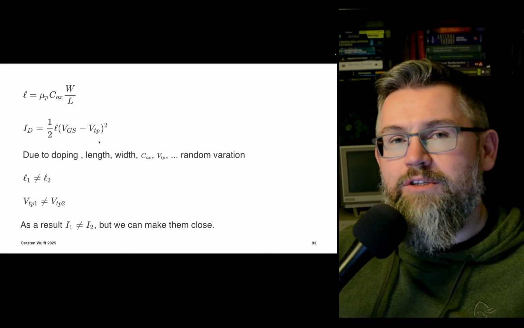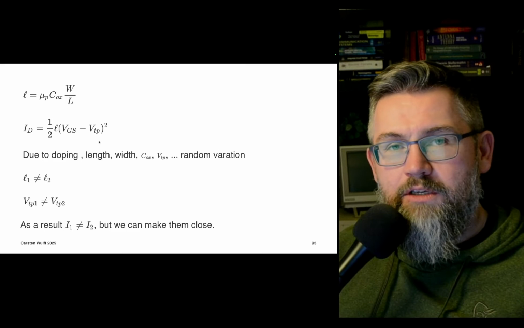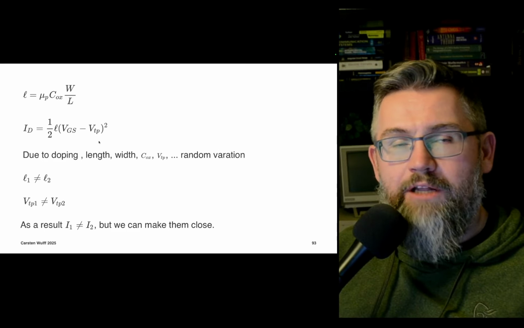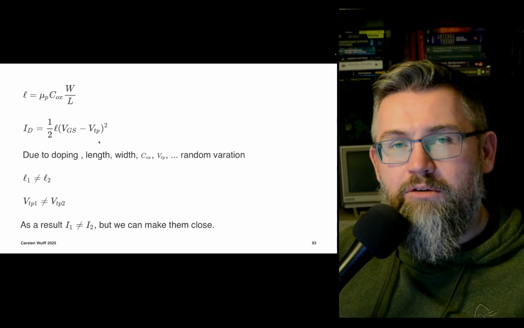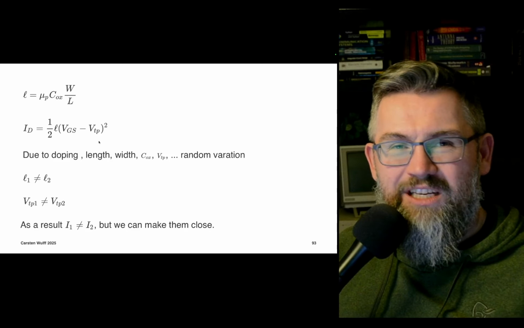There are limits to the resolution that we're using with lithography. I mean, most of the technologies that we develop today use 193 nanometers, so our resolution in the XY direction on the wafer is quite limited.